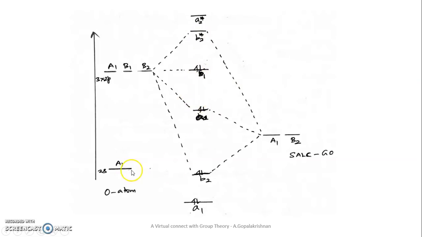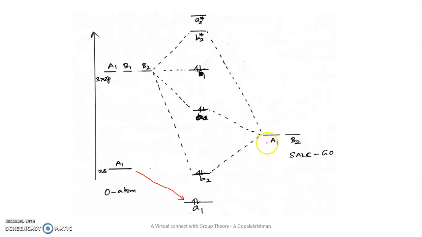Here this A1 orbital, the 2s orbital, does not participate in bonding, so it remains as a non-bonding orbital. So A1 here is non-bonding. Then this B2 and this B2 combine and form a bonding molecular orbital and an anti-bonding molecular orbital.